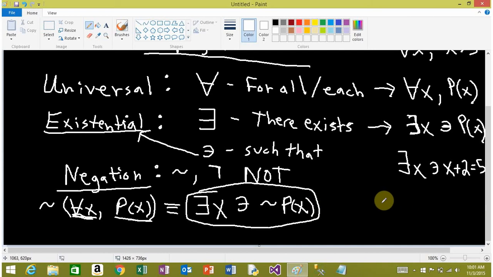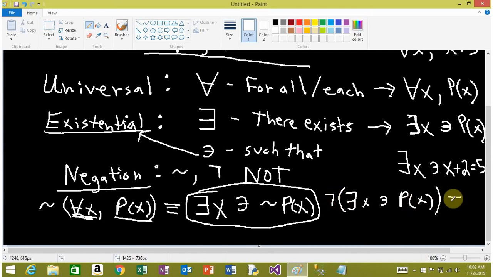And suppose we wanted to negate the existential statement, there exists an x such that p of x is true. To negate that we use the other symbol to negate.